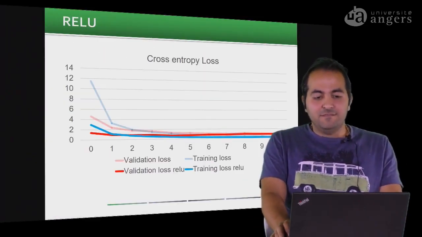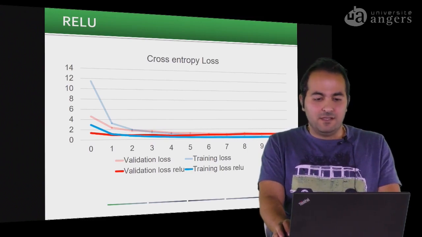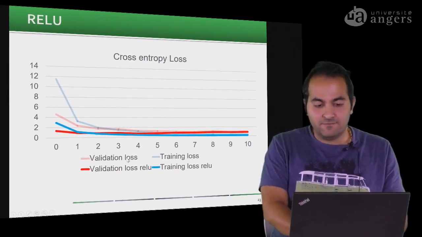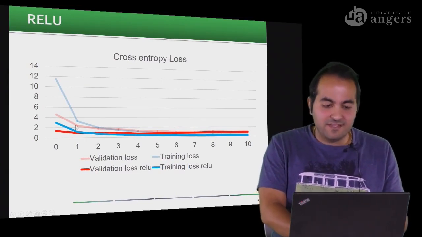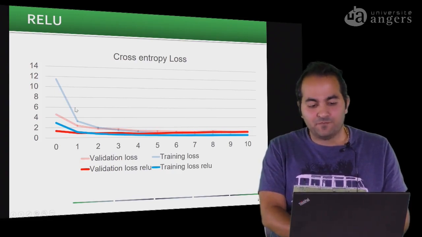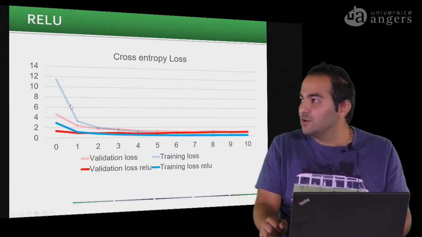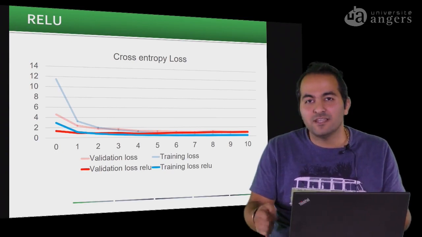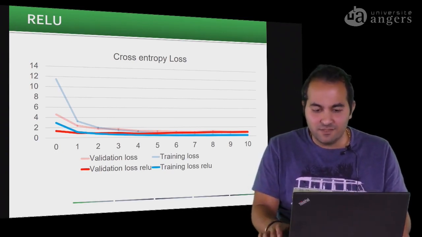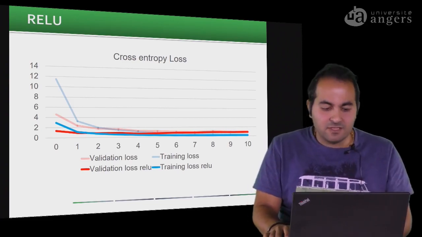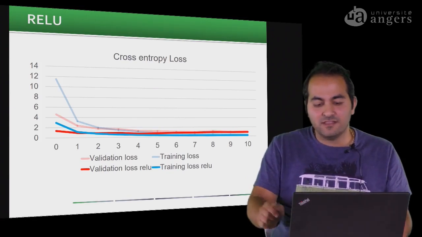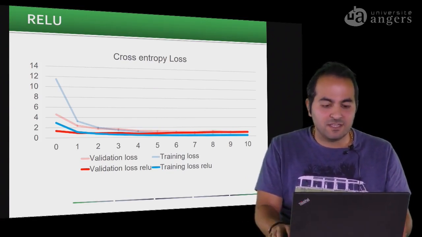So if we compare, we can see the validation loss in transparent red and the training loss in transparent blue for the sigmoid activation function, and in red the validation loss of the ReLU function, and the training loss when we use the ReLU function.